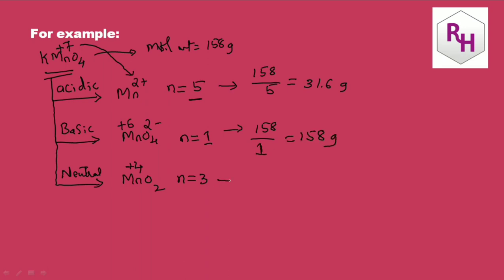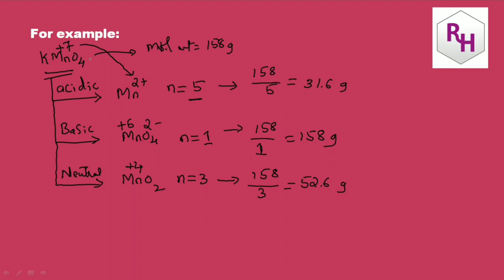Here 158 divided by 3, almost 52.6 grams. Which means KMnO4 has a different equivalent mass in different media. Acidic is different, basic is different, neutral is different.